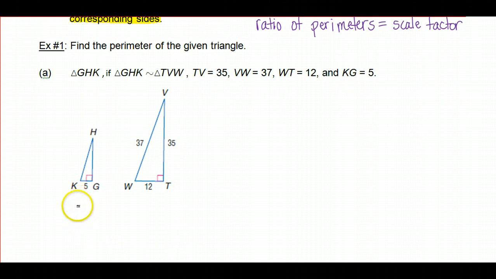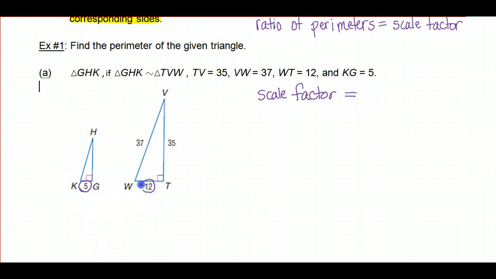Okay, so there's a few ways we could do this. Using proportions, we could figure out HG, and we could figure out HK, and then just add up all of those sides. But I'm going to use this theorem above to do that. So our scale factor would be comparing two corresponding sides.